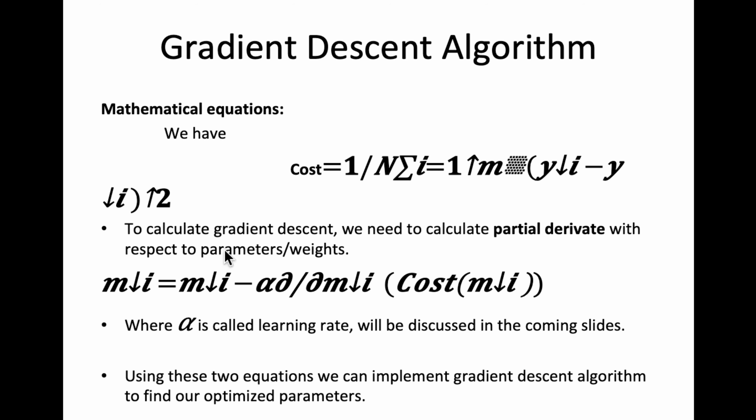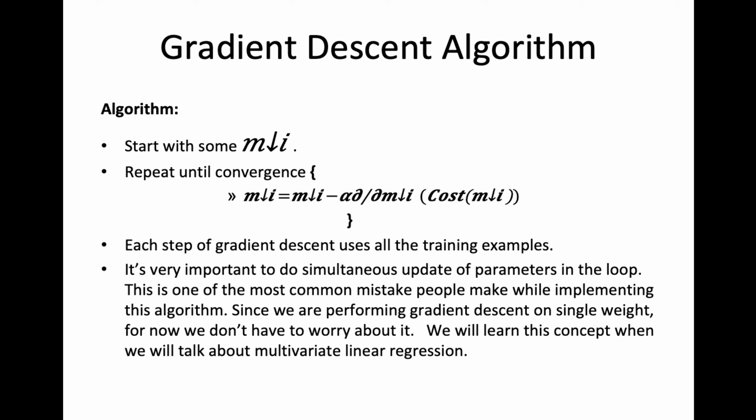And this is the mathematical equation for it. To calculate gradient descent, we calculate partial derivatives with respect to the parameters and weights, and alpha is the learning rate. Learning rate is something that we are going to encounter further on, and essentially it helps us decide the kind of step we take.